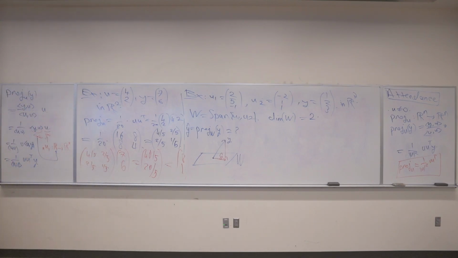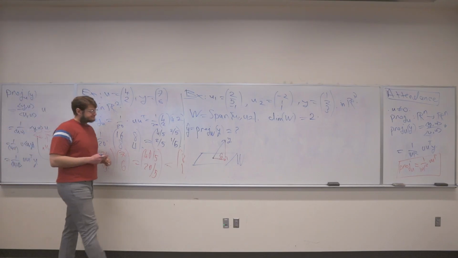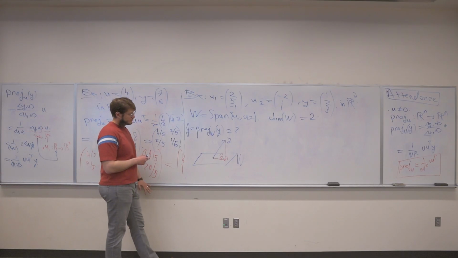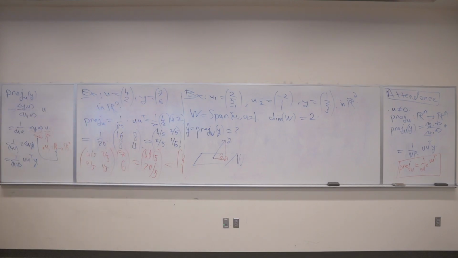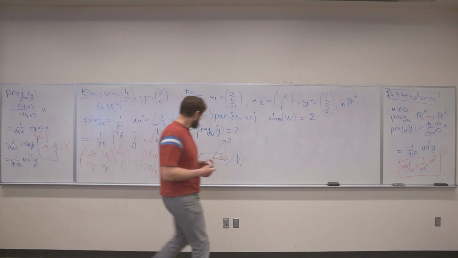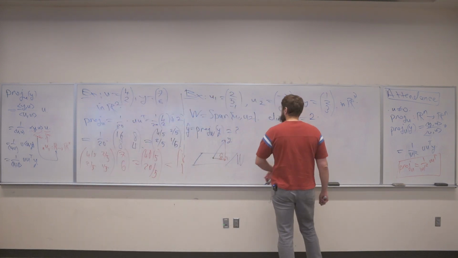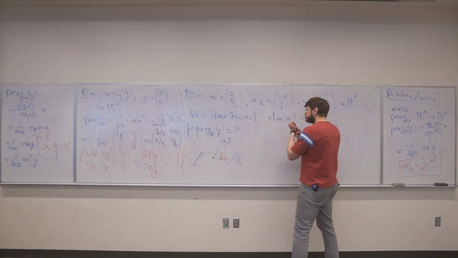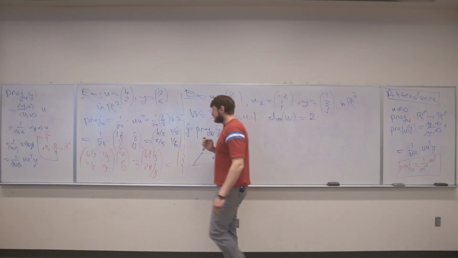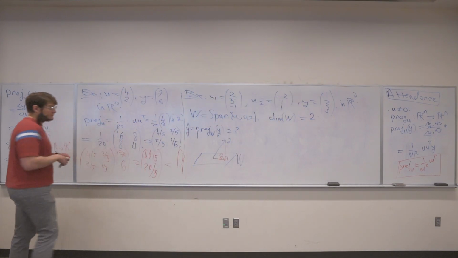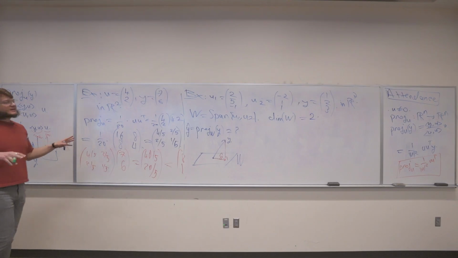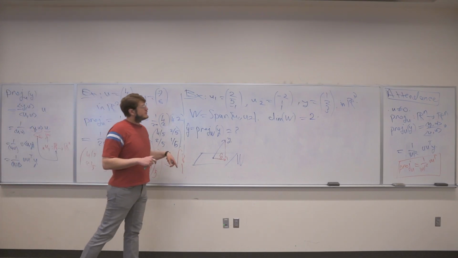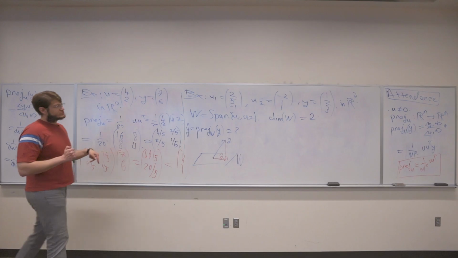Okay. I need to be able to calculate this. Well, I'll try to draw a bit different picture. Let's do this first. In this case, things are slightly easier, I think, because we're in a nice situation where u1 and u2 are perpendicular to each other.